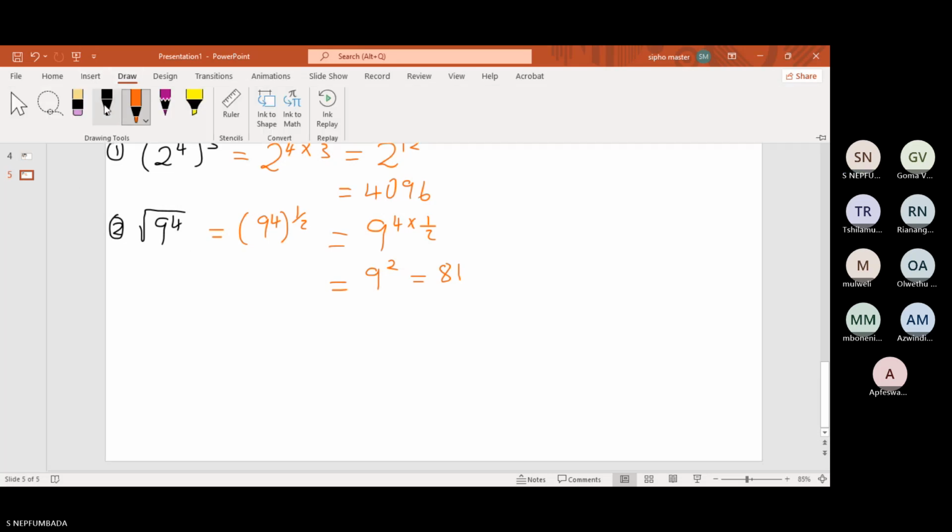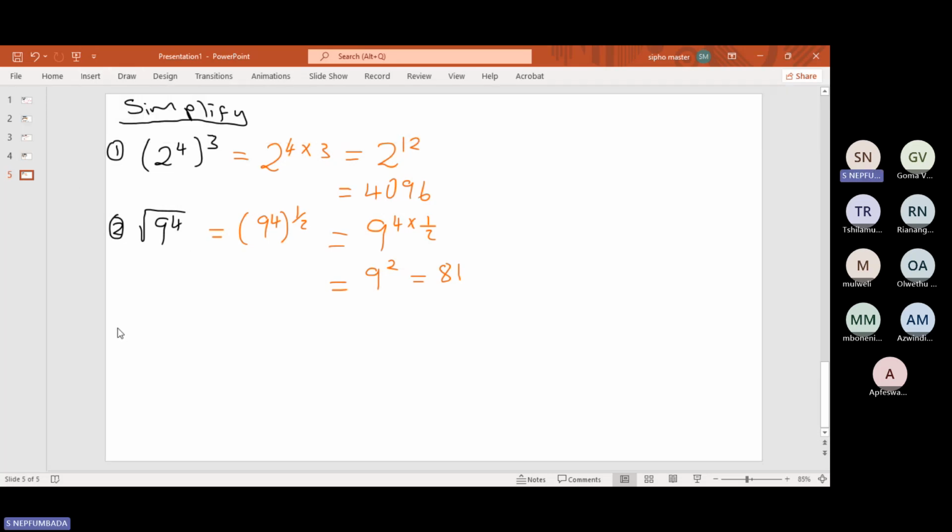So now, let's say on the next question, they state 10 to the power of 7 divided by 10 to the power of 4.